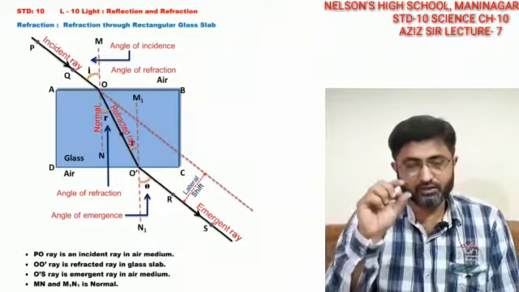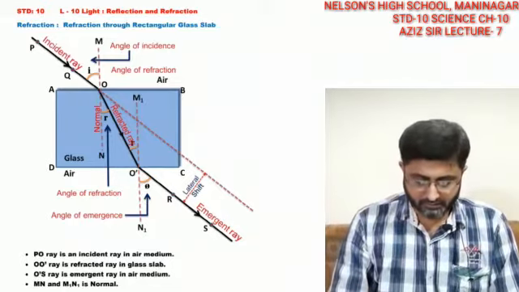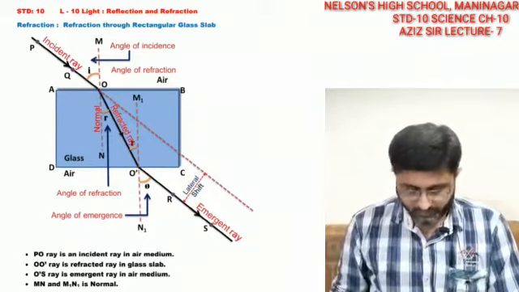So that point is called the incident ray, and the coming out ray is called the refracted ray.